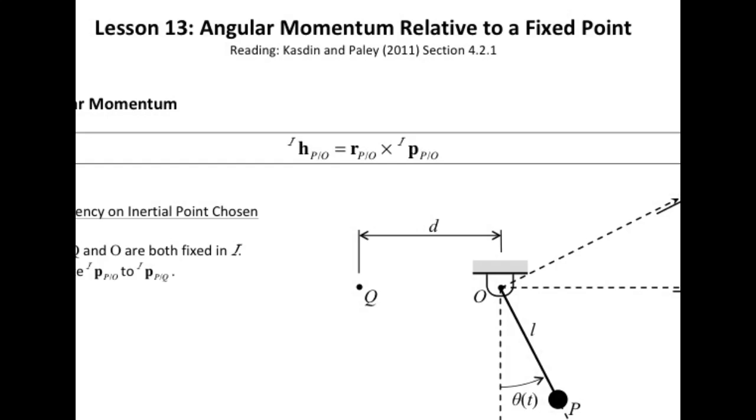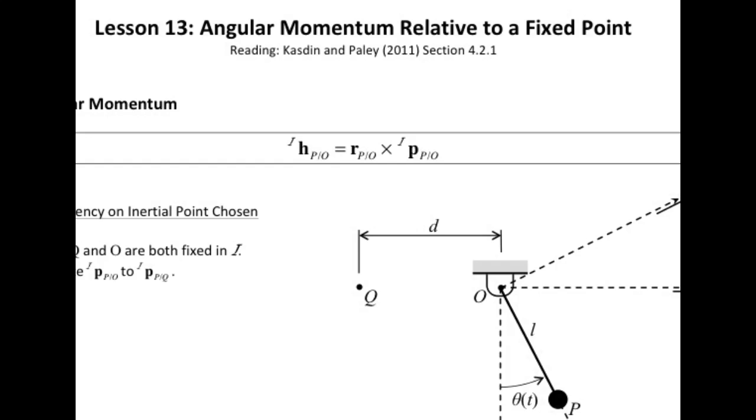And so you can see here that angular momentum needs to have this superscript which tells us where we're observing that. And the reason why is because momentum itself, or linear momentum, also needs that superscript. So we have to designate both the frame of reference in which we're observing it, and then we also need to designate the point at which we're calculating the angular momentum relative to or about.